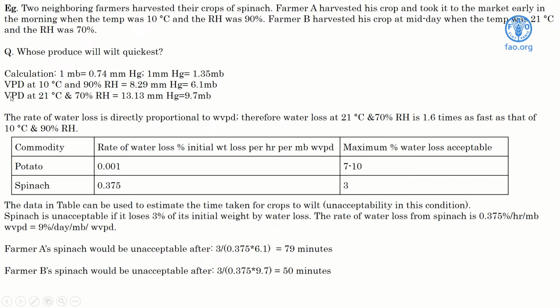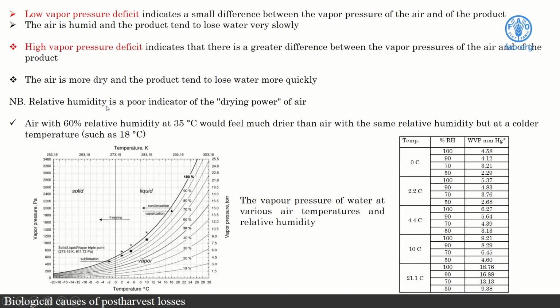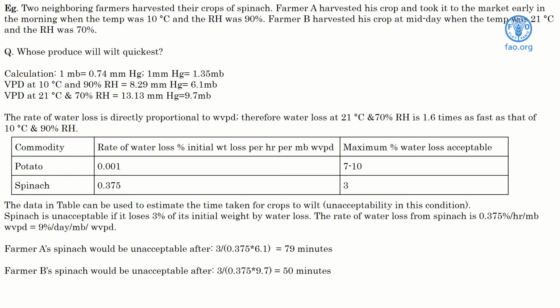And the vapor pressure deficit at 21 degrees Celsius and 70% relative humidity was 13.13 millimeter of mercury. The rate of water loss is directly proportional to water vapor pressure deficit.